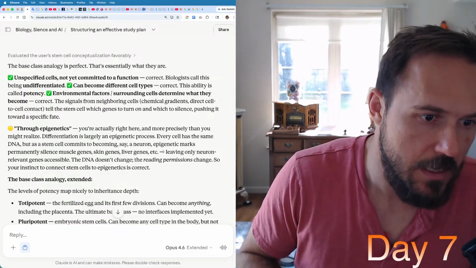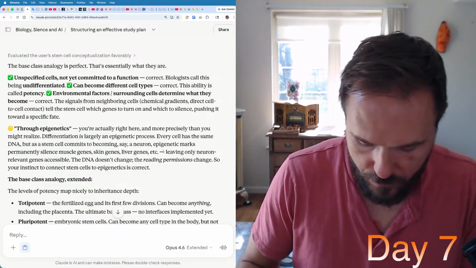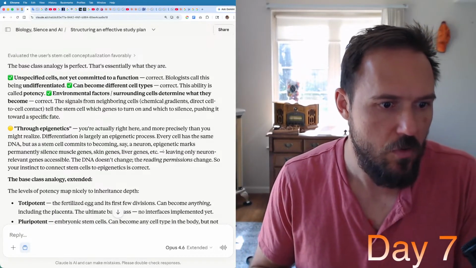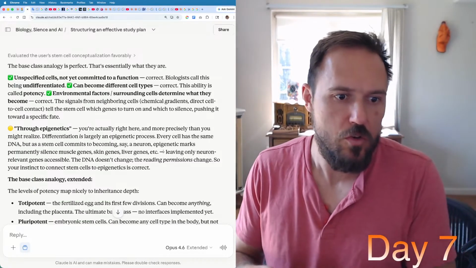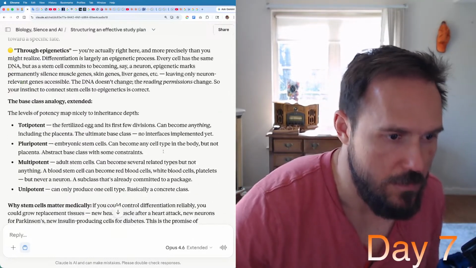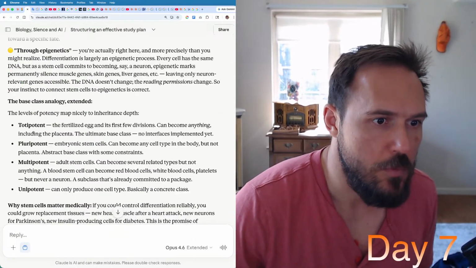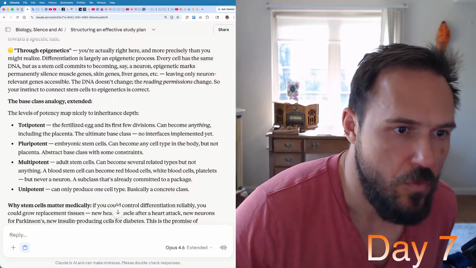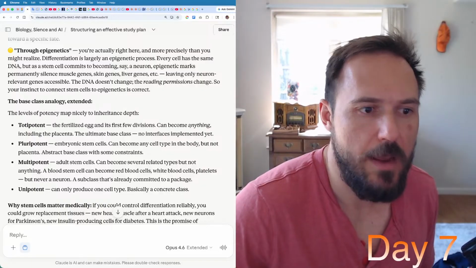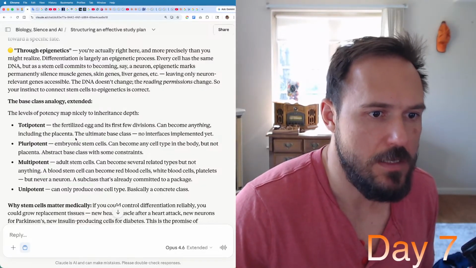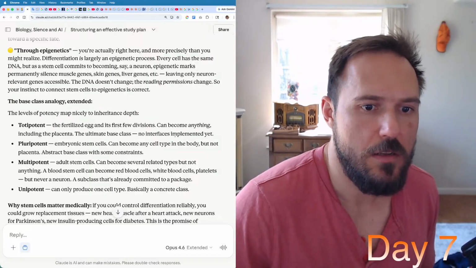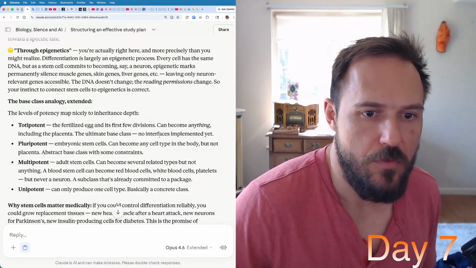The base class analogy, extended. The levels of potency map nicely to inheritance depths. Totipotent: the fertilized egg and its first few divisions can become anything, including the placenta, the ultimate base class. No interfaces implemented yet.